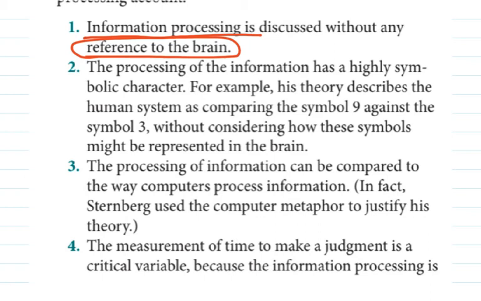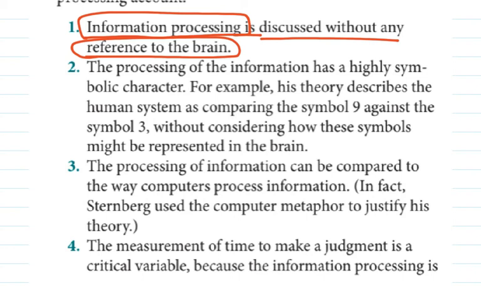Now that we have the advent of something like cognitive neuroscience, in which we're looking at how there are different neural circuits that are underlying cognition, this is sort of changing. But it's very, very important to look at this and realize the importance of it, that information processing or a mental process is being discussed without any reference to the physical structure, right? And this is very typical of the information processing approach.